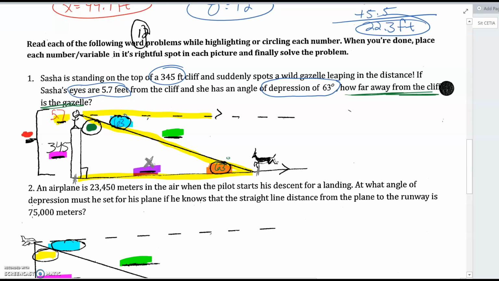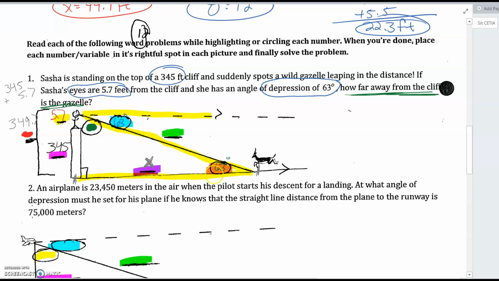All right, now to find the entire right triangle, I would need the entire height here, because if I trace the right triangle, it's not just 345, it's 345 and 5.7. So if I go 345 plus 5.7, that would give me this red part here. So it would be 349.7.